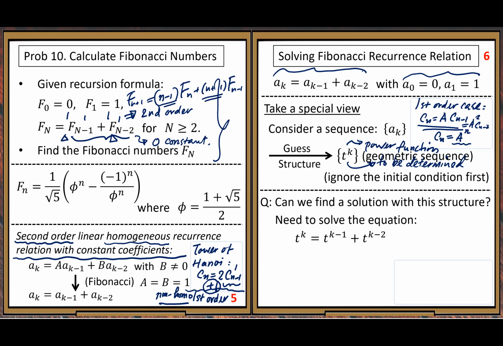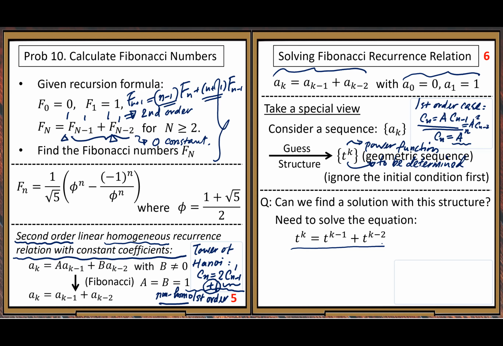Just solving this simple equation should not be too hard, right? Because there is only one variable, t. So we should be able to solve it. But the exponent part is not that easy.